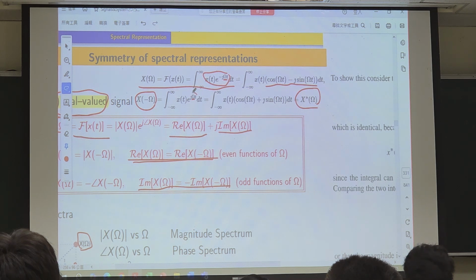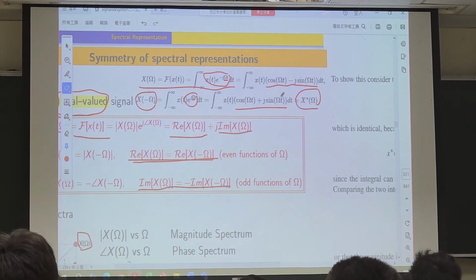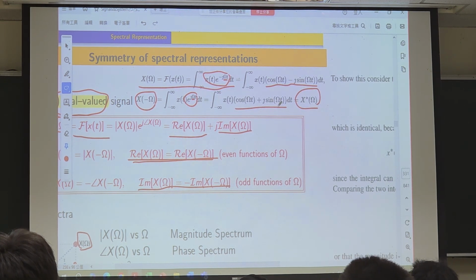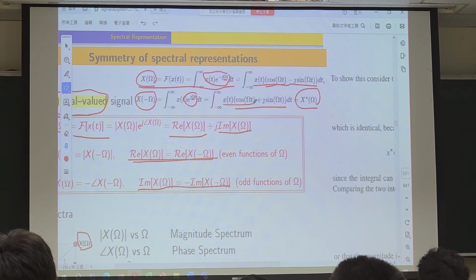And then we can rewrite this complex exponential function using Euler's formula. So we have x of t times cosine of omega t plus j times sine of omega t. Now compare with x of omega, compare with this one. You can see that the real parts are the same.